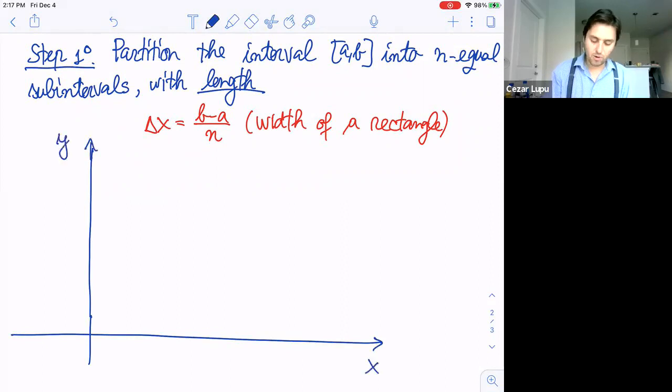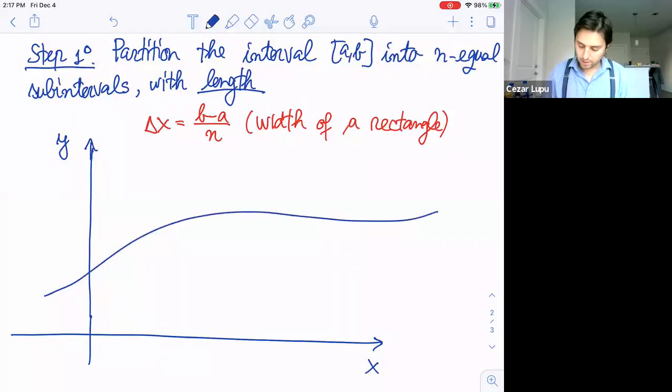So let me just draw a larger picture. Suppose I have a graph that goes like this. And I have this function, let's say here is the interval AB.